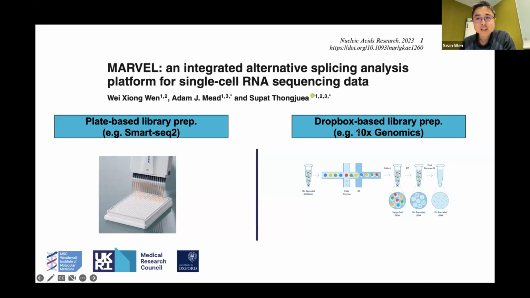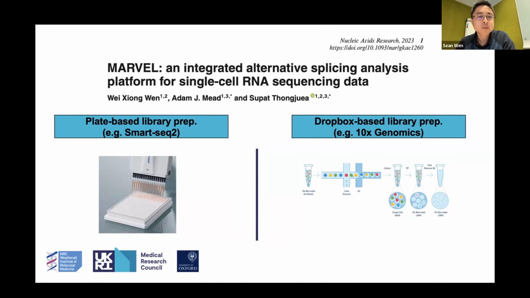On the right-hand side is an RNA sequencing library prepared using a droplet-based platform. Droplet-based means that every single cell is processed in a very automatic fashion. And I believe the most popular platform today is the 10x Genomics.